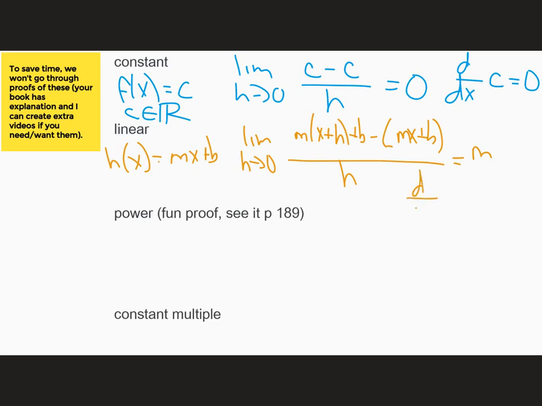So the derivative of a linear function, I'm writing as mx plus b because a lot of y'all will think of it as that. This one, the proof is in the book. I believe all these proofs are in the book, but it's a little bit crazy, so I'm not going to show you that. I'm just going to write down the derivative of a power, and they do it with polynomials.